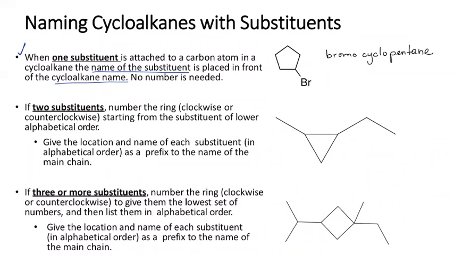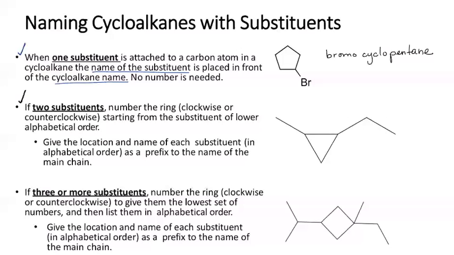Let's move on to the next one, which is when we have 2 substituents in my cycloalkane. You're going to number the ring clockwise or counterclockwise, okay? Because it depends where the substituents are inside the ring, which direction you're going to take. But the most important thing is that you're going to number the carbon atom in the ring that has the substituent with the lowest alphabetical order, okay?